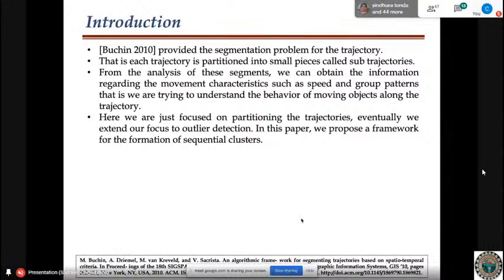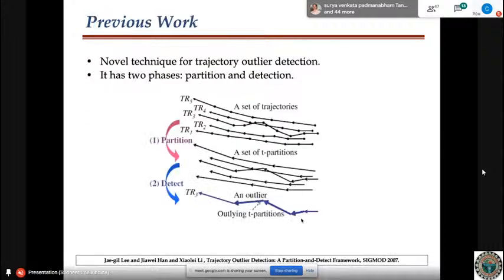So what we do is slice the trajectory, make small parts, and read them. This one will give you a better idea. This is a set of trajectories. Each line is a trajectory, and the points along that line are partitions. If you take smaller partitions, you will know how it has been.